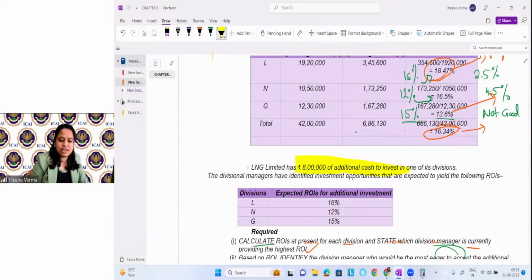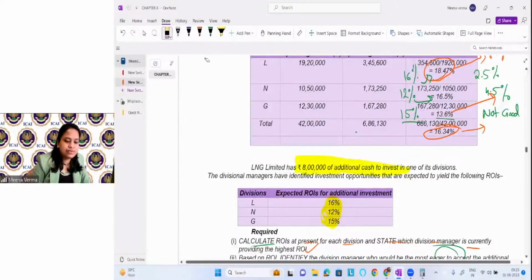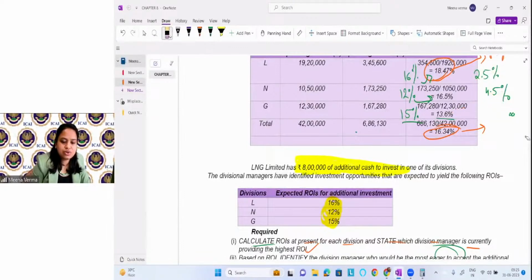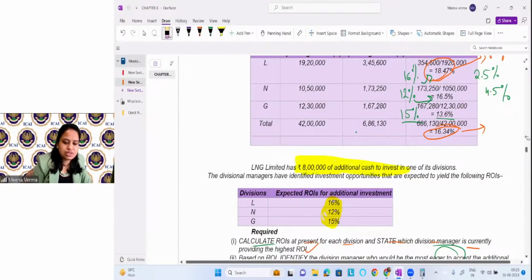Acceptance of this additional fund of 8 lakh will increase the ROI to this. So you can see who needs it the most. Obviously, you can see here, this one needs it the most. What is the difference? Let me see how this comes.